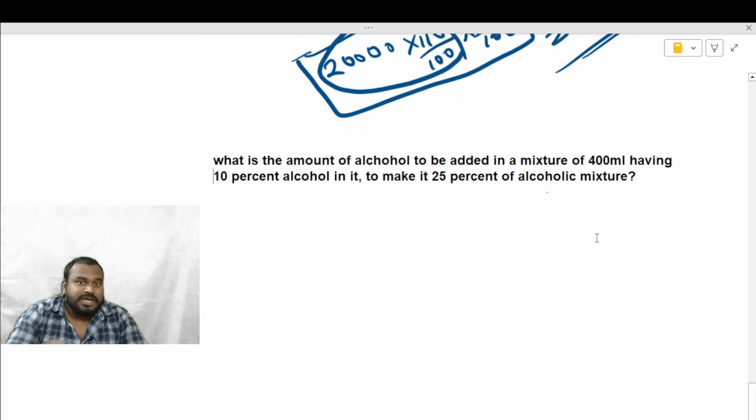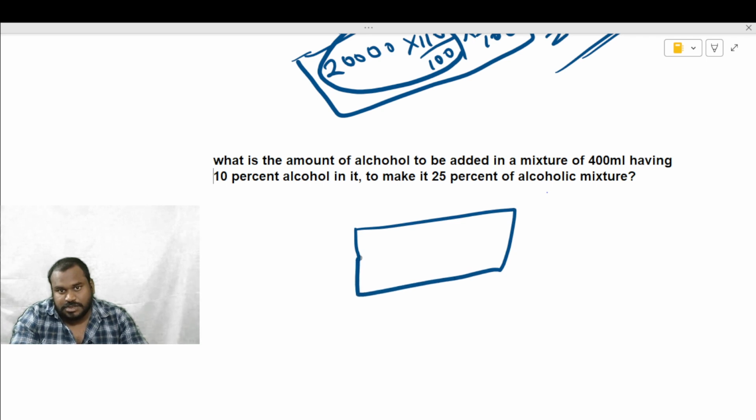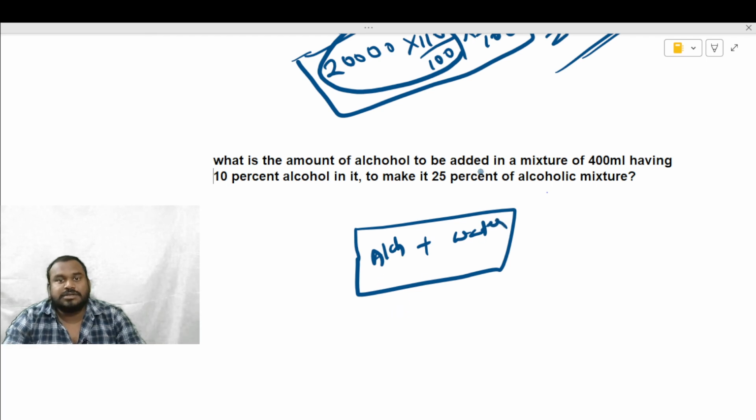Next, what is the amount of alcohol to be added in a mixture? There is a mixture. In this mixture, alcohol is there and some water is there. So, what is the amount of alcohol to be added in a mixture of 400 ml having 10% alcohol in it?